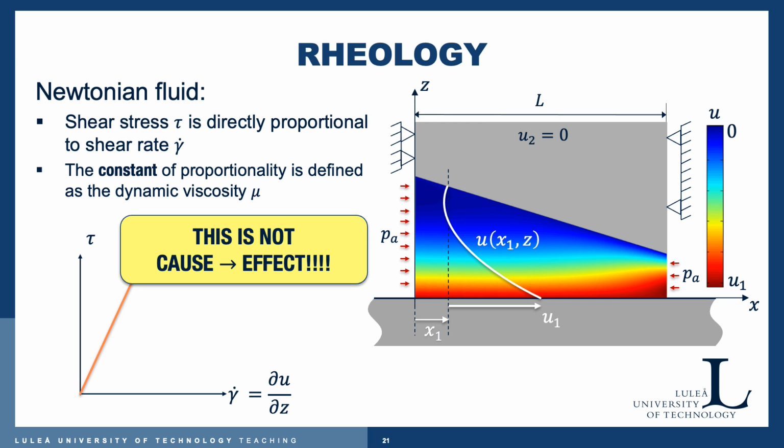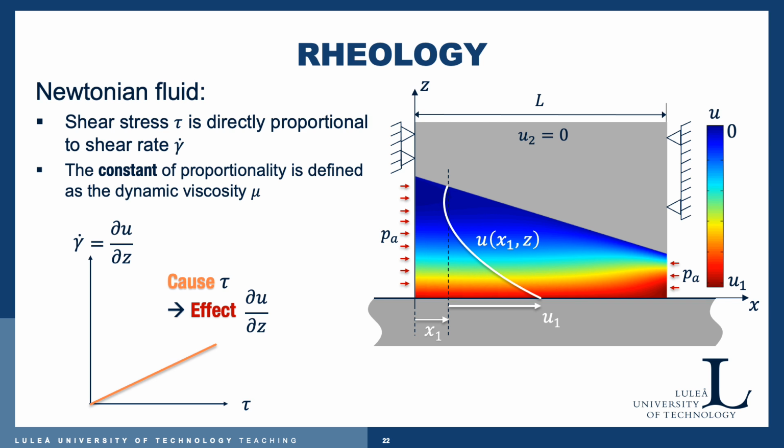Note now that this is not reflecting cause and effect. It's not the shear rate that generates the shear stress, is it? It's the shear stress that generates the shear rate. So we should turn this around in the manner described there, and then we get a better picture of the cause and effect.